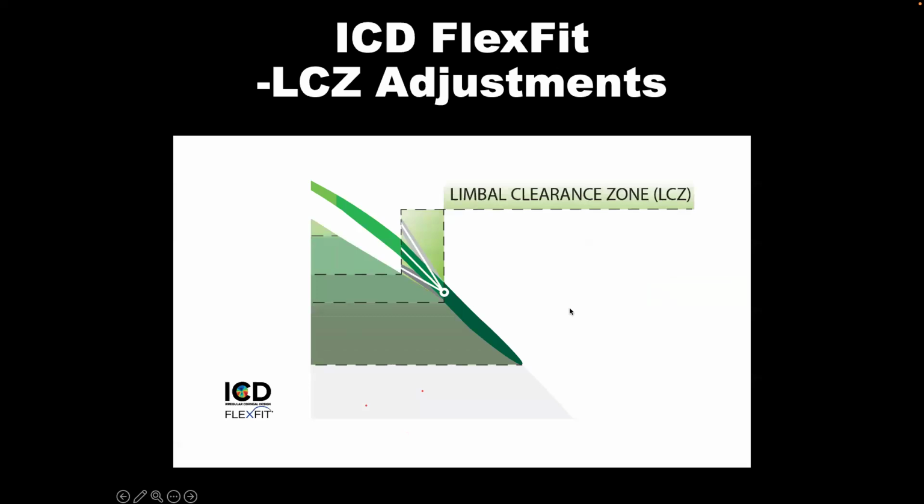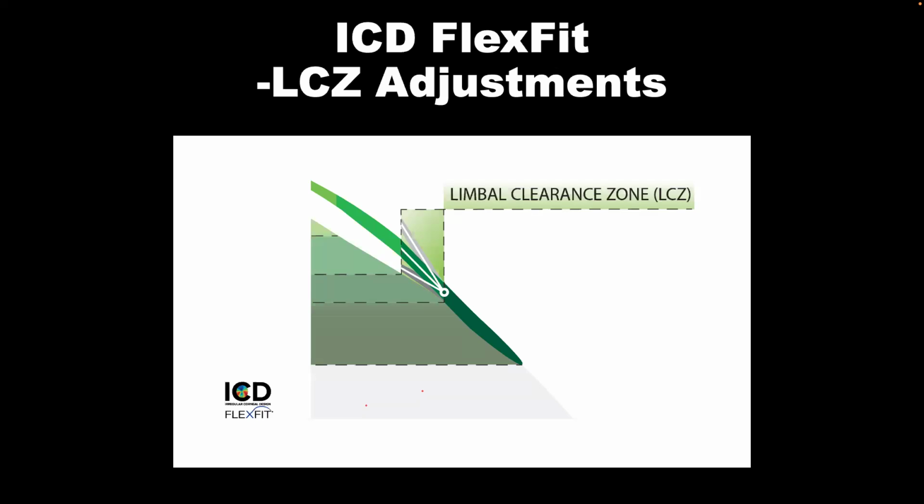So we want to avoid limbal bearing or having a huge amount of limbal clearance, right? Because if we have limbal bearing, we will have corneal edema, so it's going to be bad visual acuity.